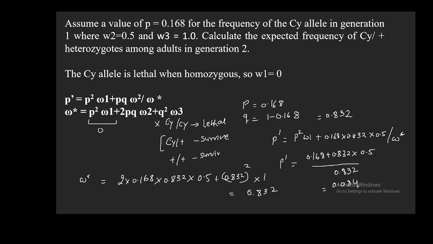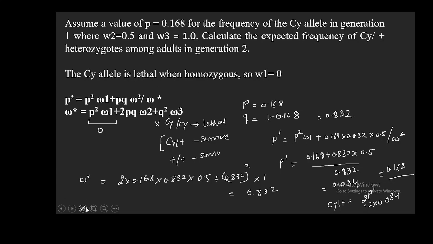So if p prime is 0.084, then the heterozygous genotype plus/CY is 2 p prime, or 2 into 0.084, which is 0.168, the expected frequency of this particular heterozygous genotype.